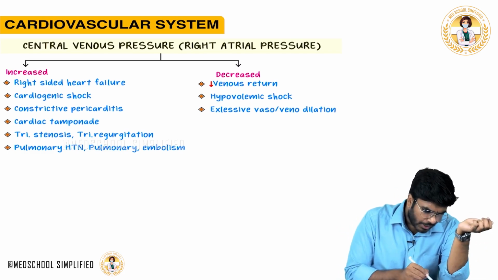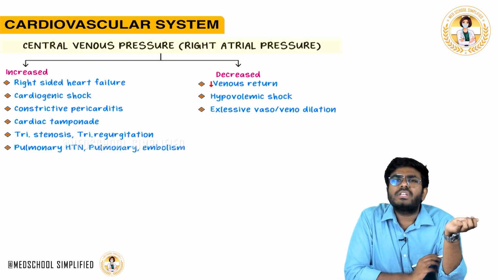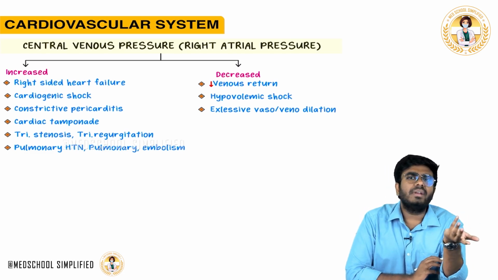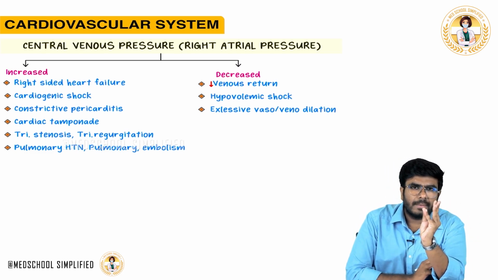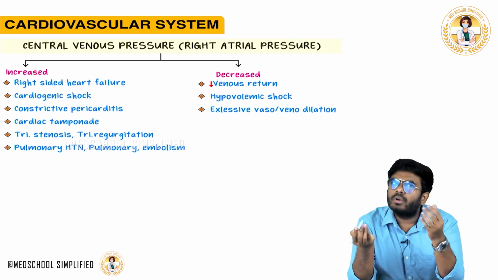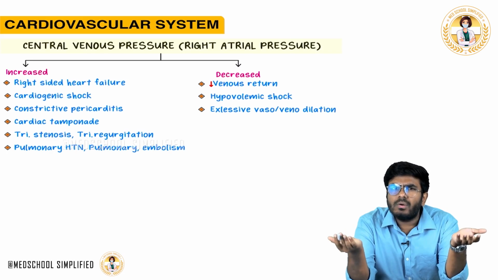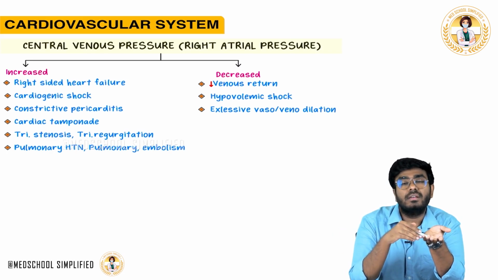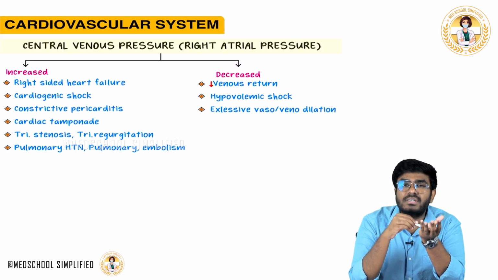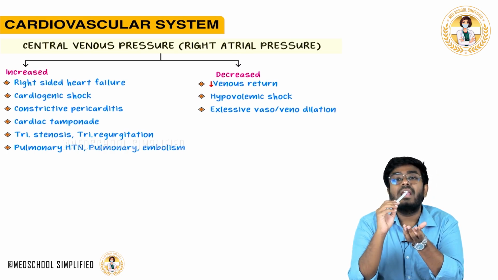True. In cardiogenic shock. What exactly is cardiogenic shock? Simple. Left ventricular failure. When the left ventricle is failing, blood is not properly going into the aorta. Cardiac output decreases. Blood is accumulating in the left ventricle, so left ventricular pressure increases. This increase goes into the left atria.